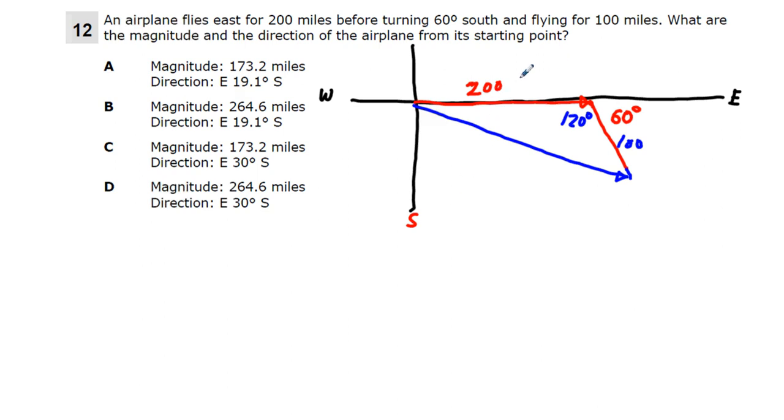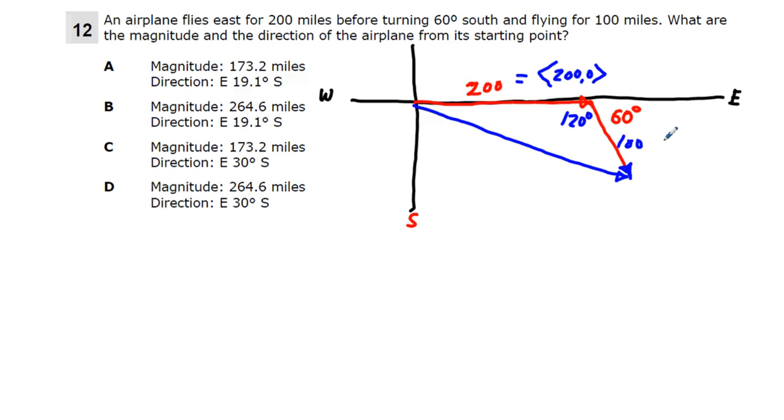But I'm going to use the vector version. This one right here in vector form is going to be 200, comma 0. And this one down here, this 100, we're turning 60 degrees to the south.